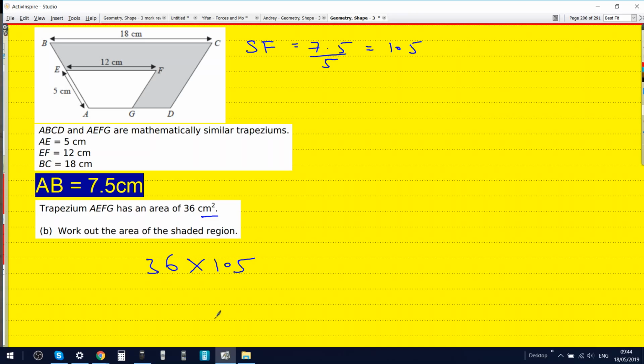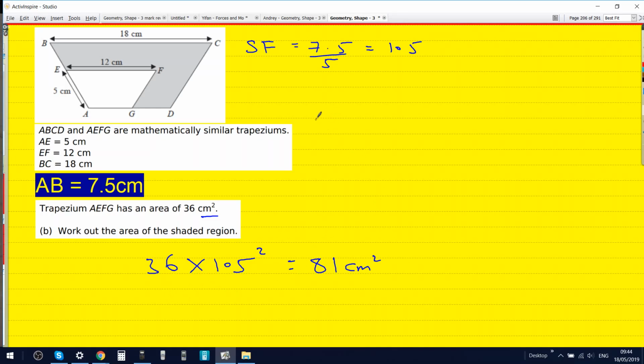Centimeter squared? Do I need to do 1.5 squared? Yeah. Okay. So what is that? It says here it's 81. Okay. And so shaded region. So do I need to do half a plus b times height?